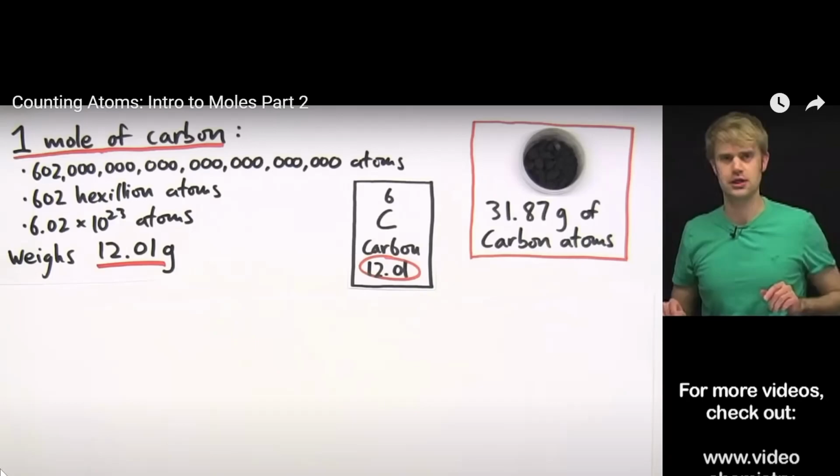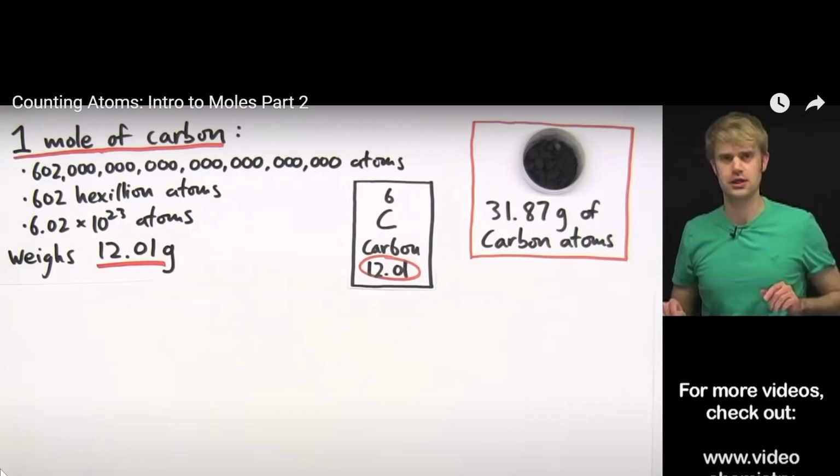What unit has to go on the bottom of this conversion factor here? Grams of carbon, yeah? And what unit has to go on the top? Moles. Now, we are told, and we can also start to just know this for ourselves, that 1 mole of carbon atoms is equal to 12.01 grams of carbon.